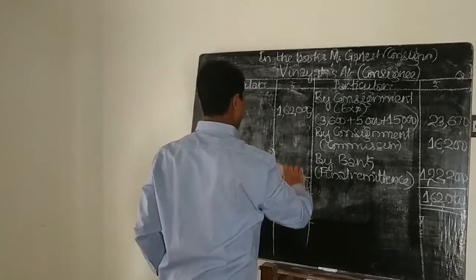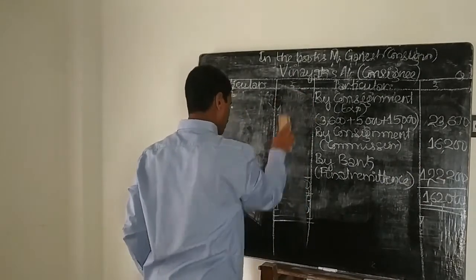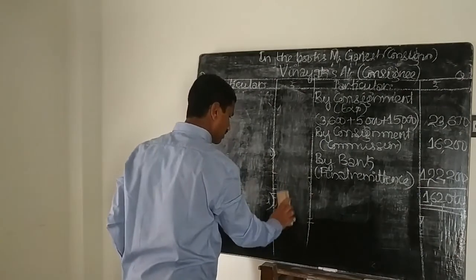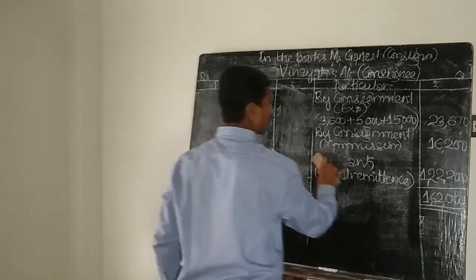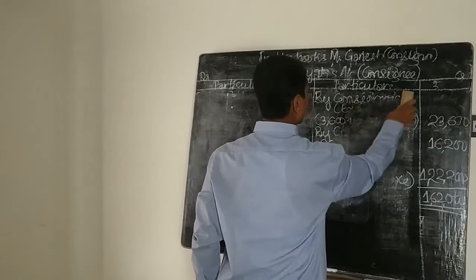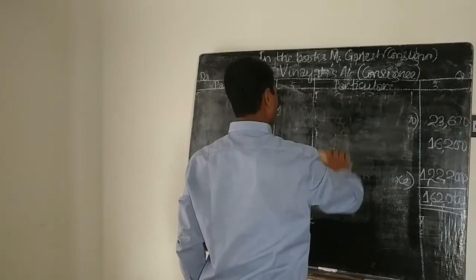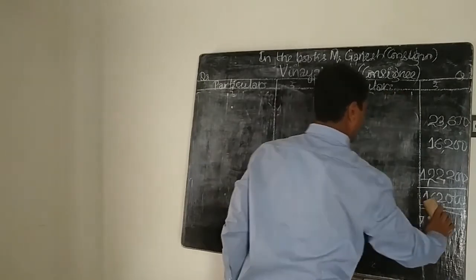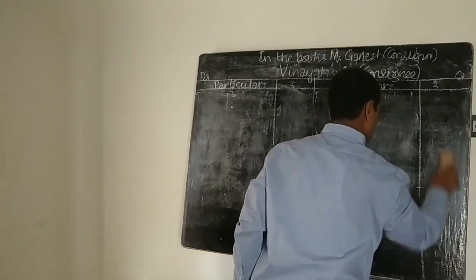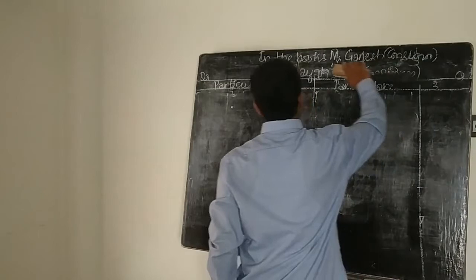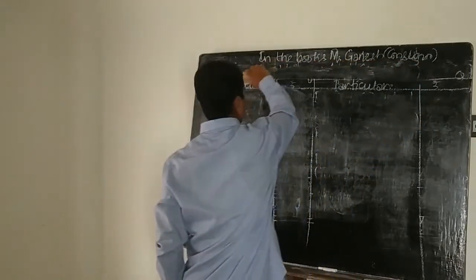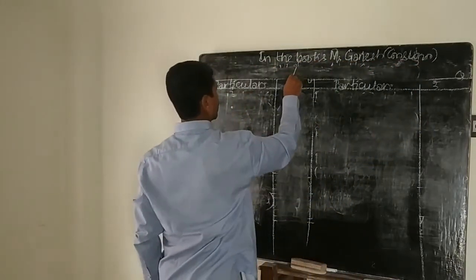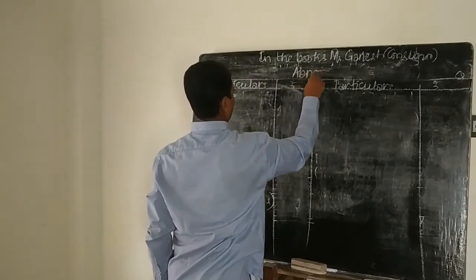So the next account we need to prepare is the abnormal loss account here. So in this problem you must notice that the consignor has claimed from the insurance company. So that claim amount will reduce the value of the abnormal loss here. So let's write down here abnormal loss.